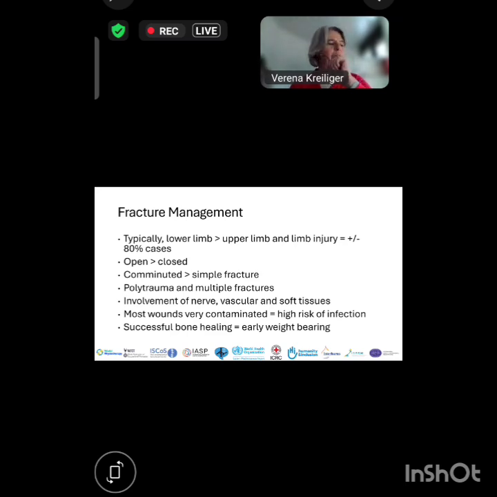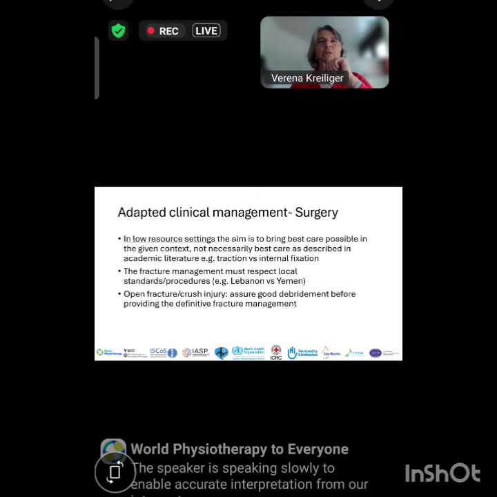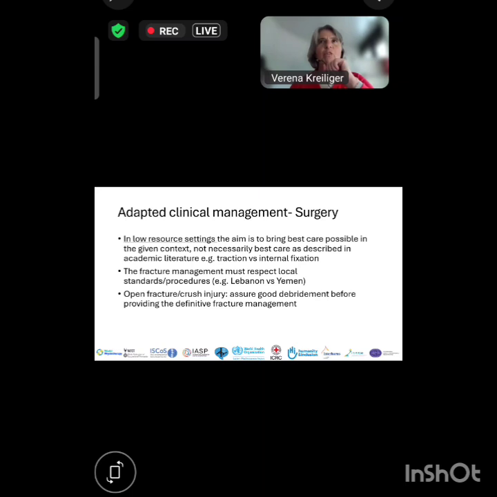I will now, the adaptive clinical management for surgery in low resource settings has the aim to bring the best care possible in the given context. And it's not necessarily the best care described in academic literature. Tractions versus internal fixation.